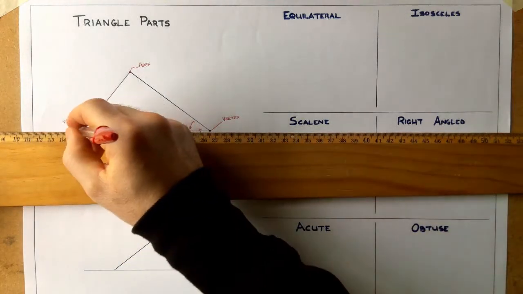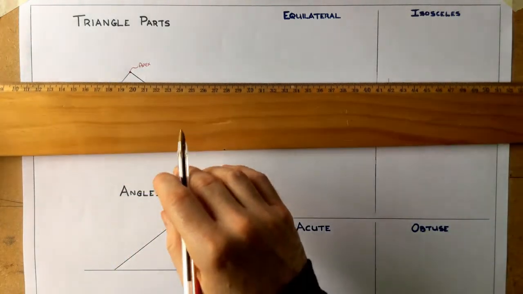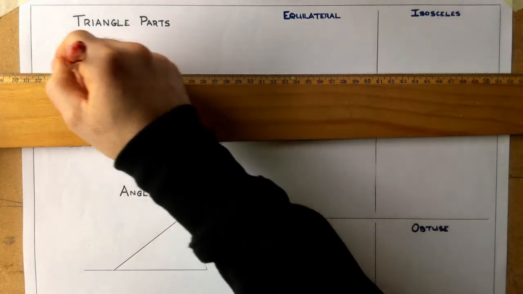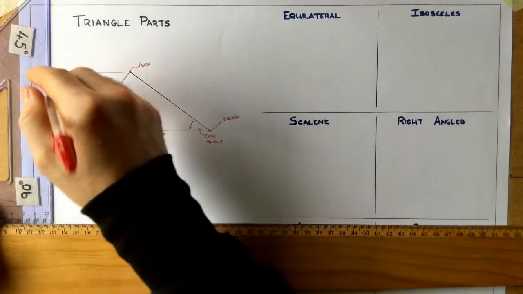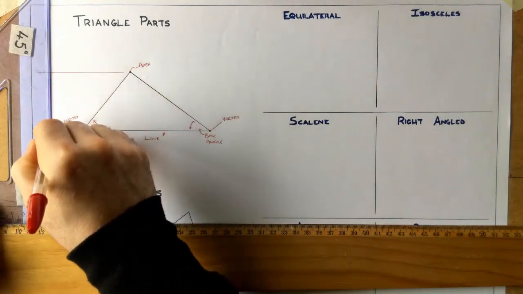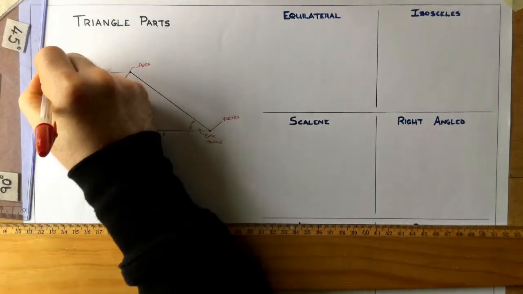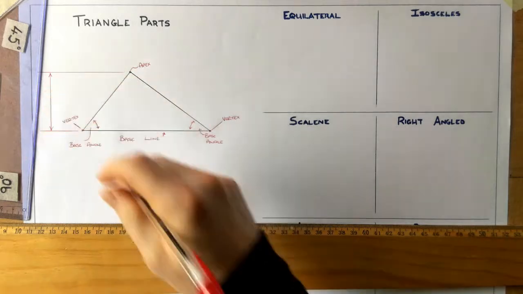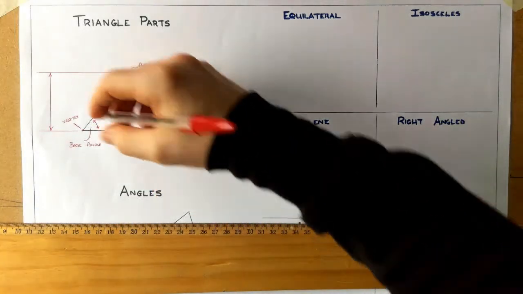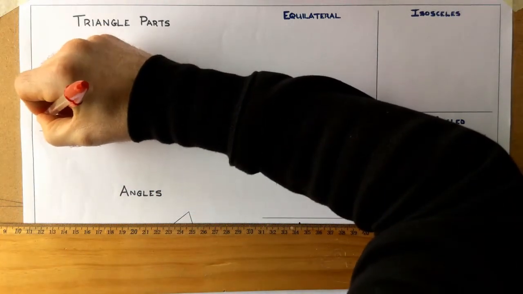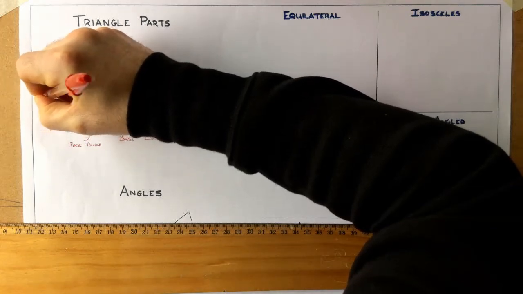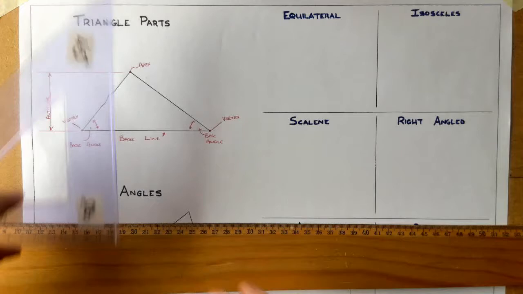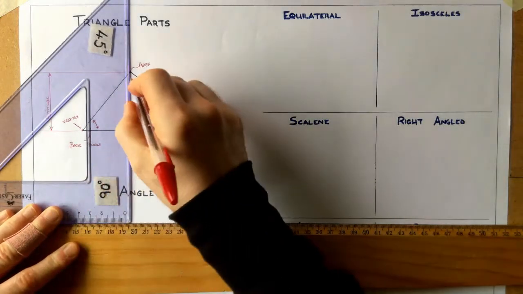I'm going to do a line out here like this, and a line from the top out like that, and then a line here like this, and two little arrows, and writing sideways there, I'm going to write altitude. Another way you could also do altitude is from the baseline up here like that as well.